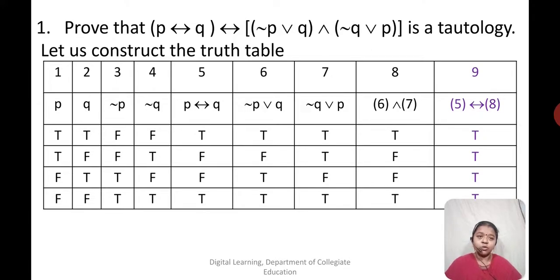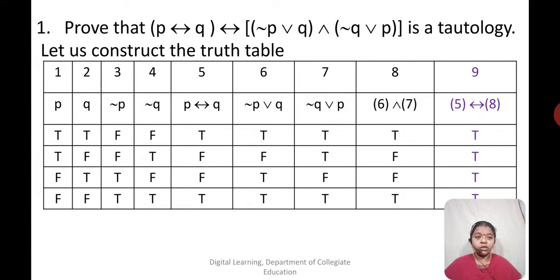Next, let's move on to the next small bracket. That says negation P or Q. Negation P is in the third column, and Q is in the second column. I will use the connective OR.